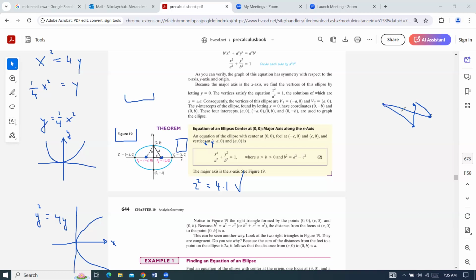ellipse for you. The sum of the distances from the point on the ellipse to the foci will stay the same. That's the idea of how they produce this figure.